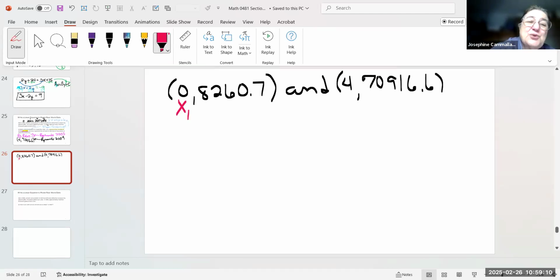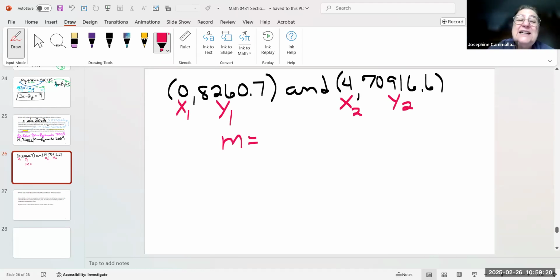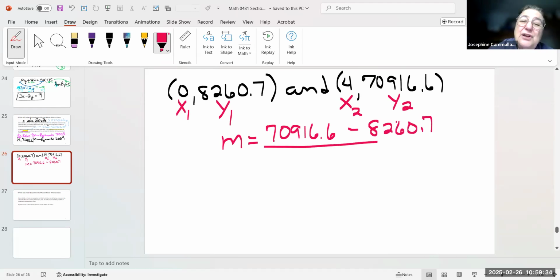This is my x1, y1, x2, y2. My slope is going to be 70916.6 minus 8260.7 over 4 minus 0.